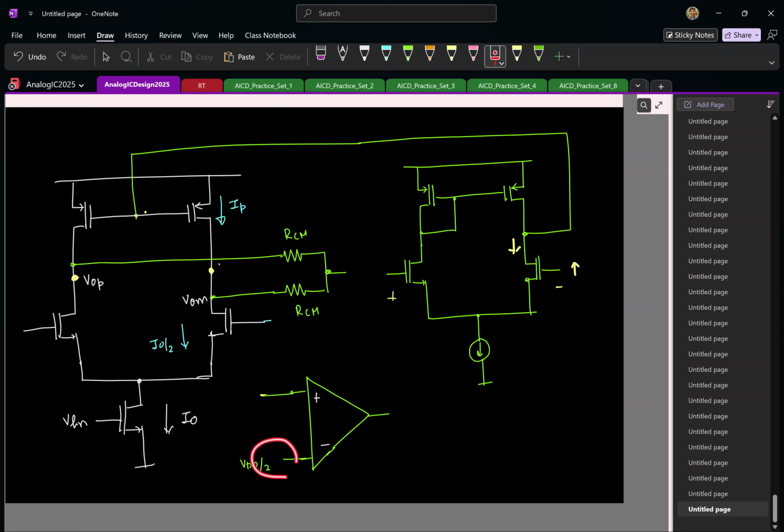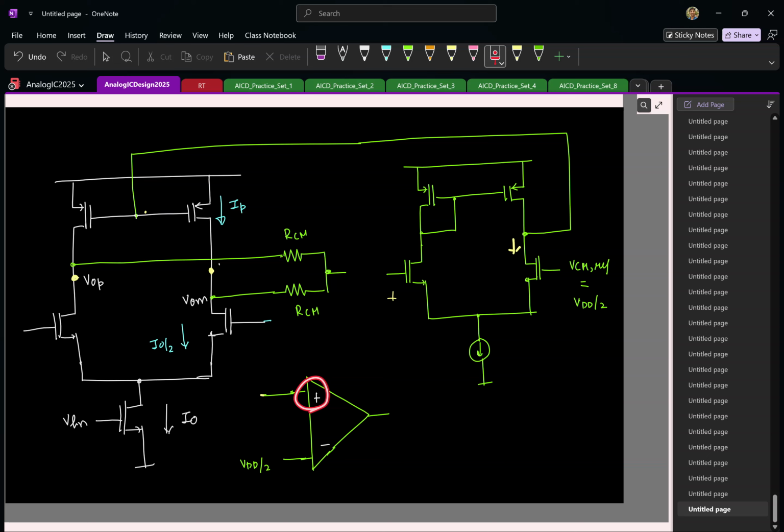And here you see the negative is connected to the reference, VDD by 2. So I'll connect this to the reference common mode, which is, for example, VDD by 2. And the positive terminal connects to the output common mode. The output common mode is here, so I'll directly connect it like this.